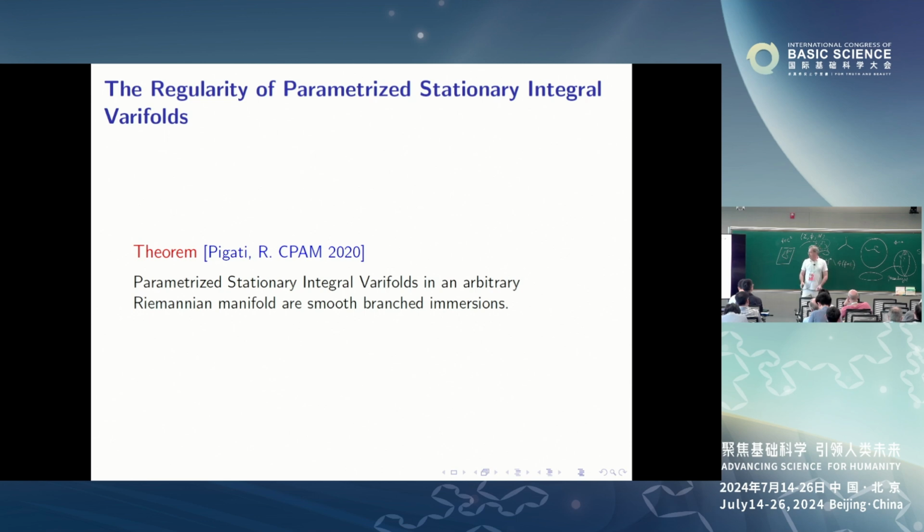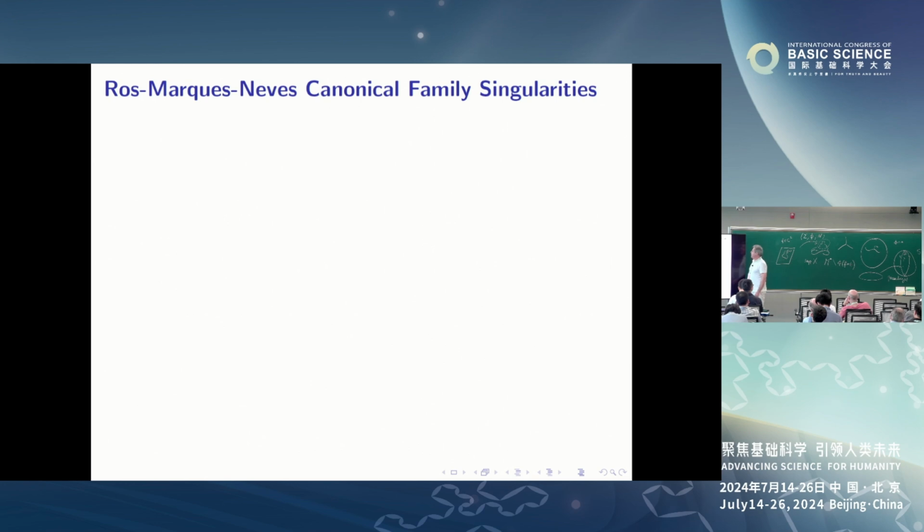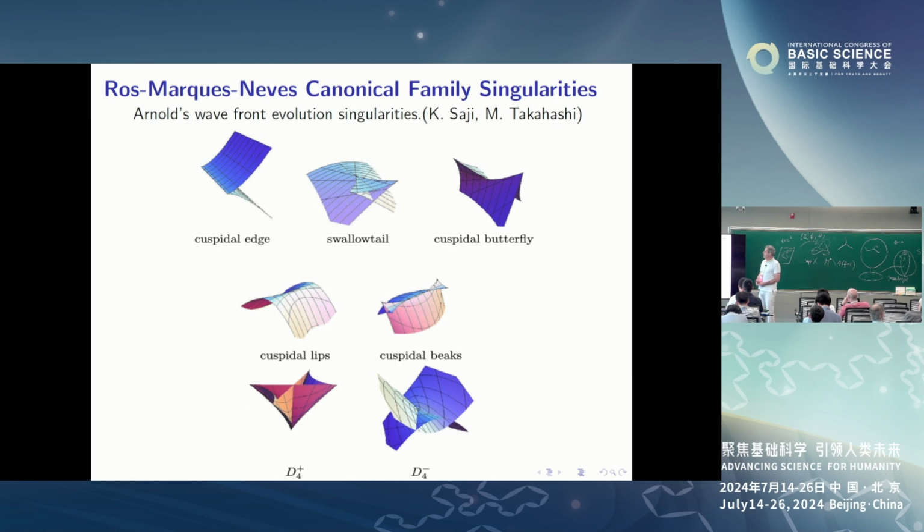Okay, so anyway, we cannot use it for Willmore. And just to insist on that, if you follow the Marques-Neves canonical family, you end up looking at wavefront evolutions.